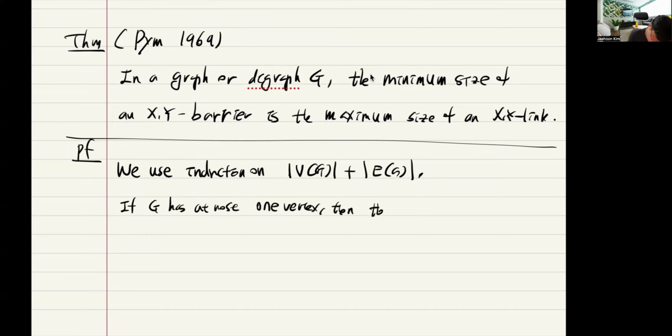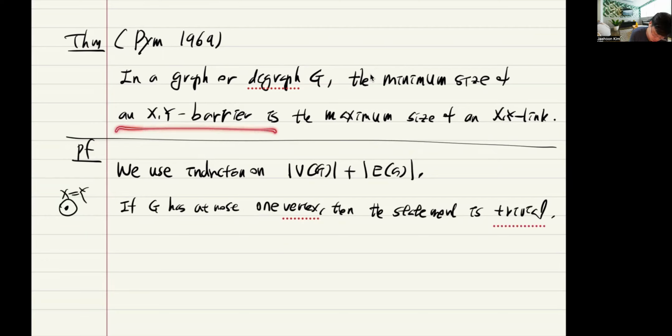Then the statement becomes trivial because the maximum size and minimum size are both just 0, or depending on X and Y. So if there is one vertex and X and Y are the same, then the minimum size of an XY barrier is 1, and the maximum size of an XY link is 1.